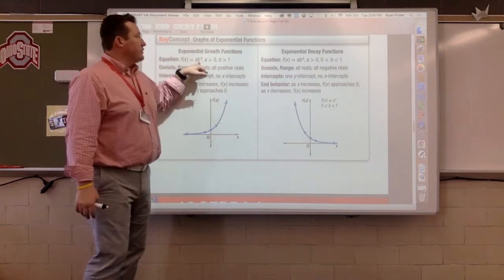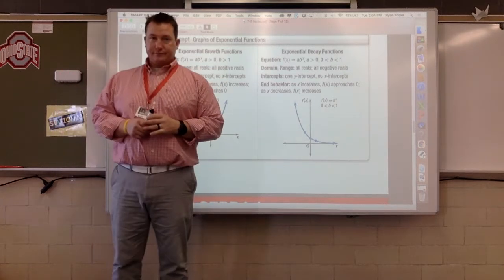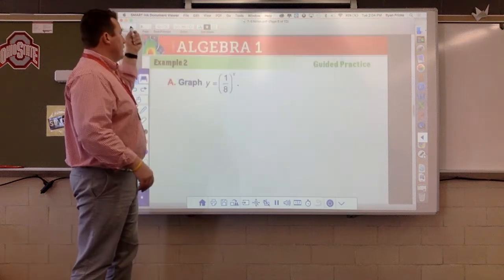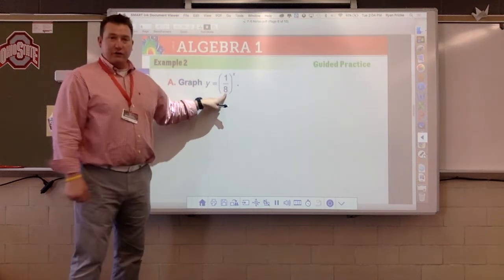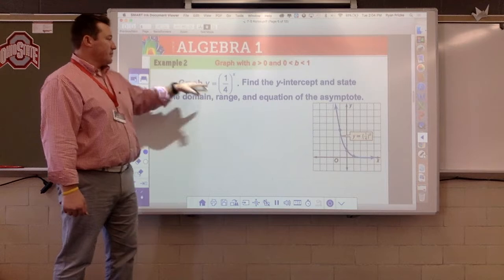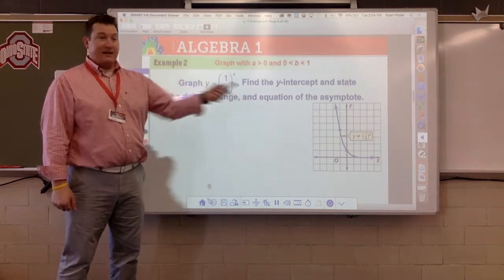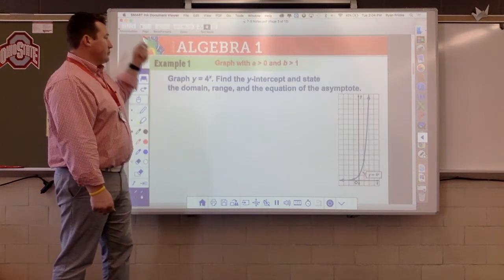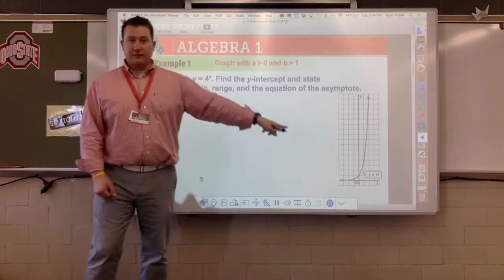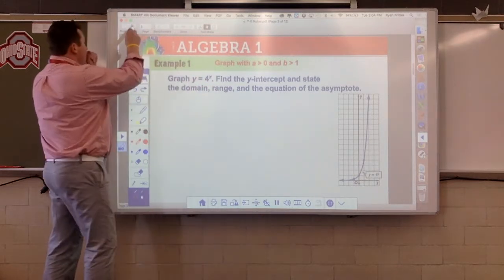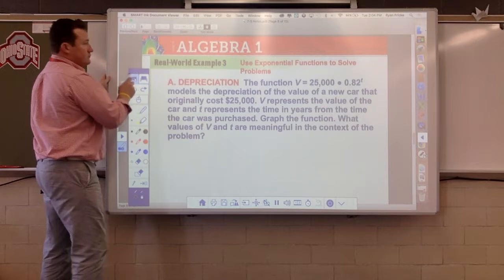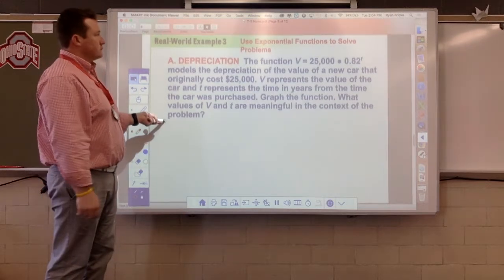Well, all we have to do is look no further than the b value. B value 1/8, decreasing. B value 1/4, decreasing. B value 4, increasing. All right. Here we go.